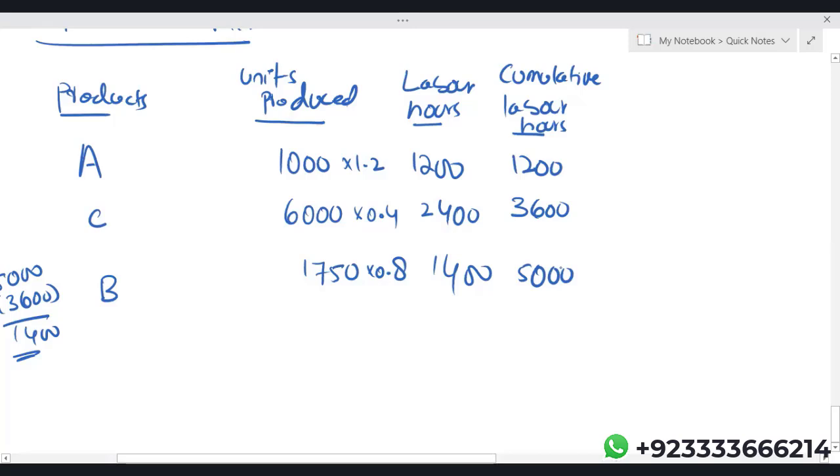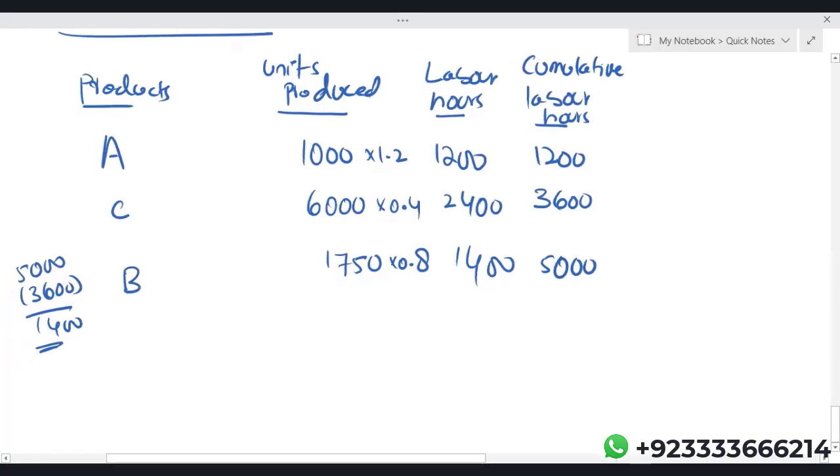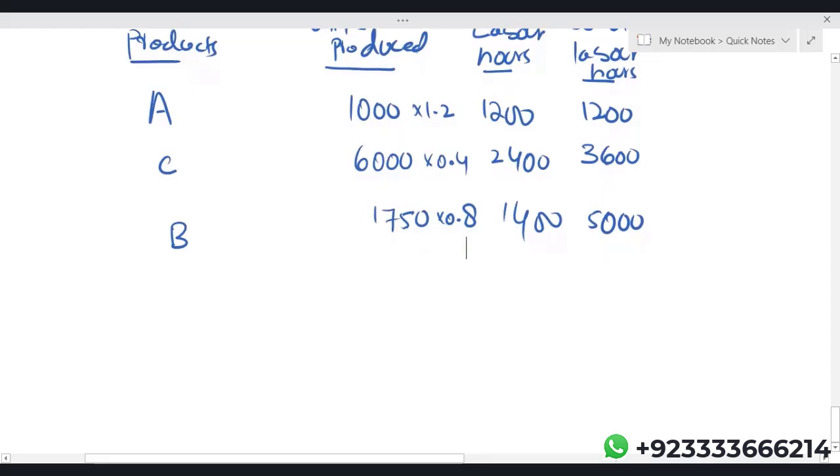Basically, if you just mention a few more things: why we are producing product A 1000 units, that is the policy to produce 1000 units. So just for more clarity. Otherwise, whatever you have done, it is good enough. Let's say that.